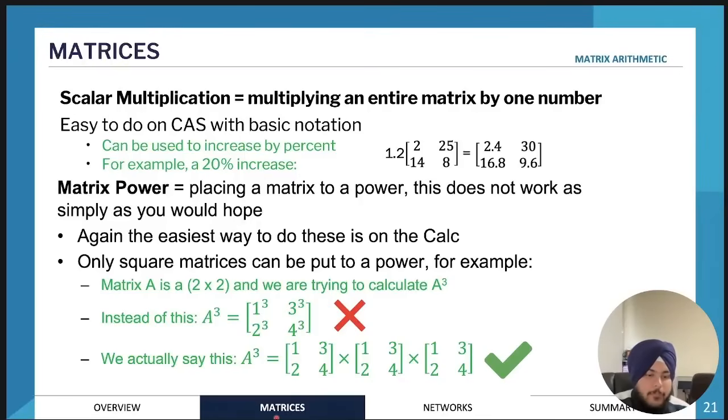Because if you remember back to the beginning of high school, if you're doing 2 to the power of, let's say, 3, that's actually equal to 2 times 2 times 2. So if we're doing a matrix, for example, A to the power of 3, that would actually be matrix A times matrix A times matrix A. So just really important, but most of the time this will all be done on your CAS. So just in case there's a question where you have to do it by hand, this is what it actually means.